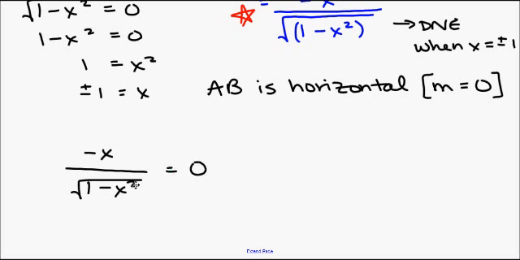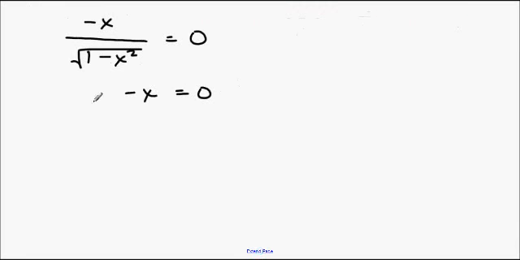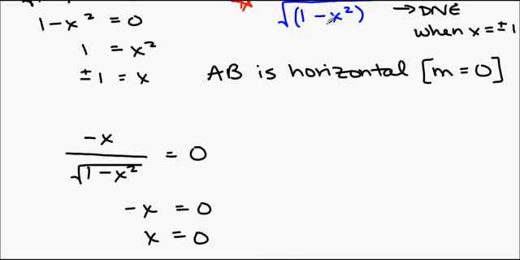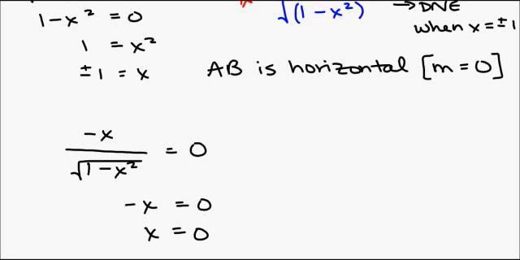If we multiply by the denominator to eliminate that, we're just going to end up with negative x equals 0, because 0 times anything is 0. Divide by -1 to get x by itself, and x is 0. So the derivative is equal to 0, the slope of the tangent line is equal to 0 when x equals 0.